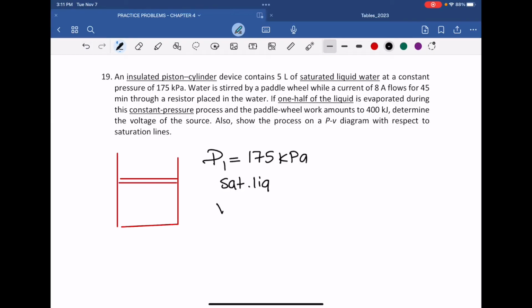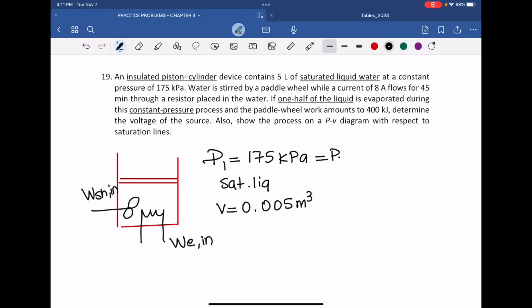Okay, and the volume is, okay, so water is stirred by a paddle wheel. Shaft work is getting in, while a current of 8 ampere flows for 5 minutes through a resistor. Electric work is getting in. So half of the liquid is evaporated during this constant pressure process.